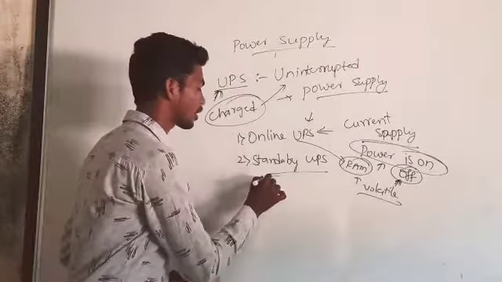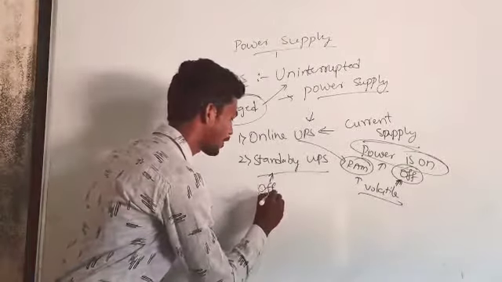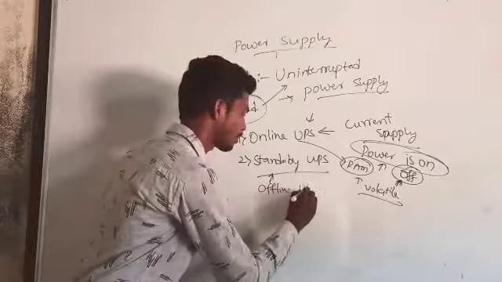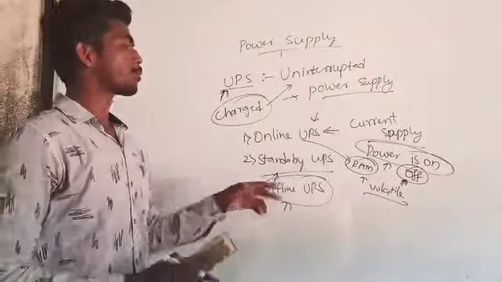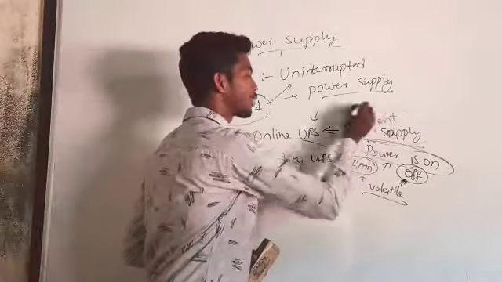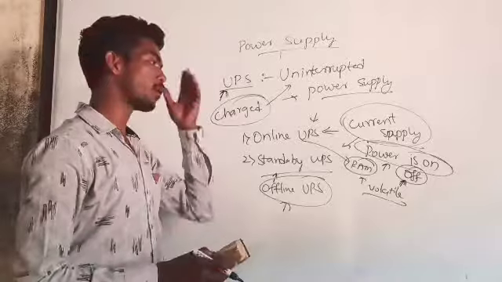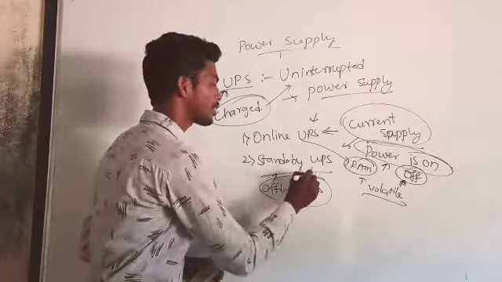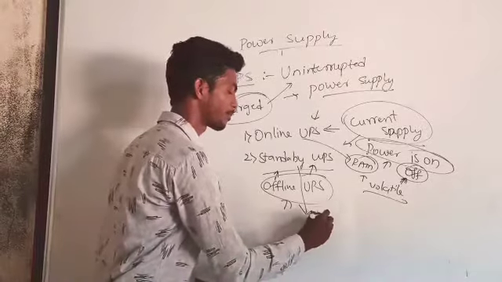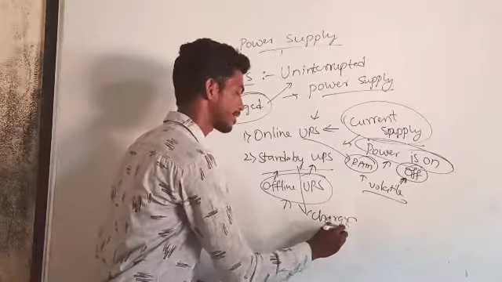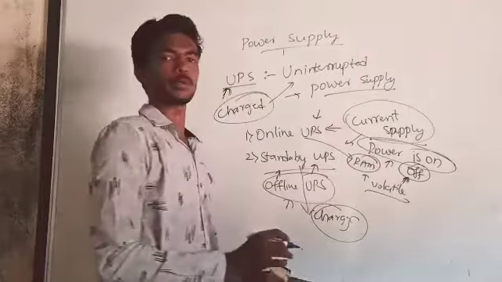And the standby UPS is also called the offline UPS. It does not provide continuous current supply to the computer when the power is on. When the power is on, this standby UPS does not work. It just charges itself and does not connect to the computer.